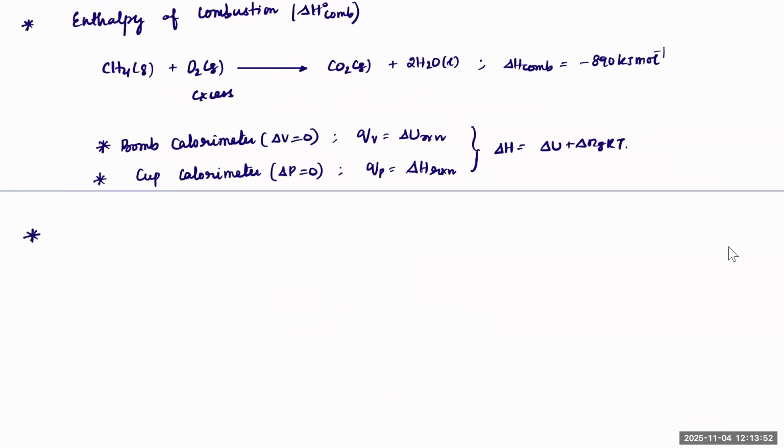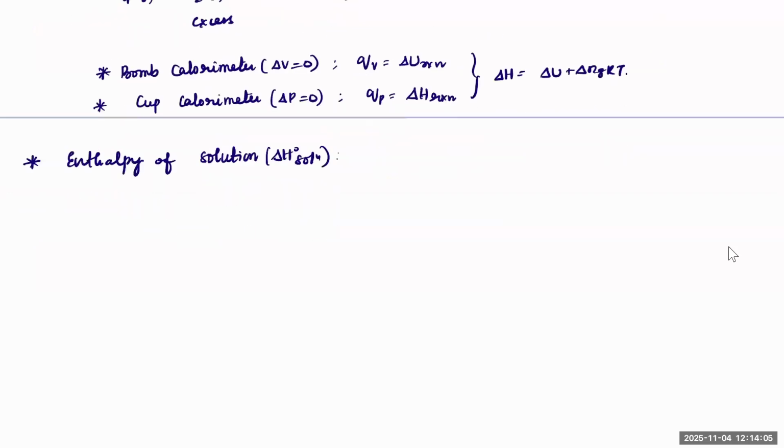Second thing is enthalpy of solution, which is delta H naught of solution. It is the heat released or absorbed when 1 mole is dissolved in an excess amount of solvent, excess amount of water. So for example, MgSO4 solid is there and I'm adding it in excess water.